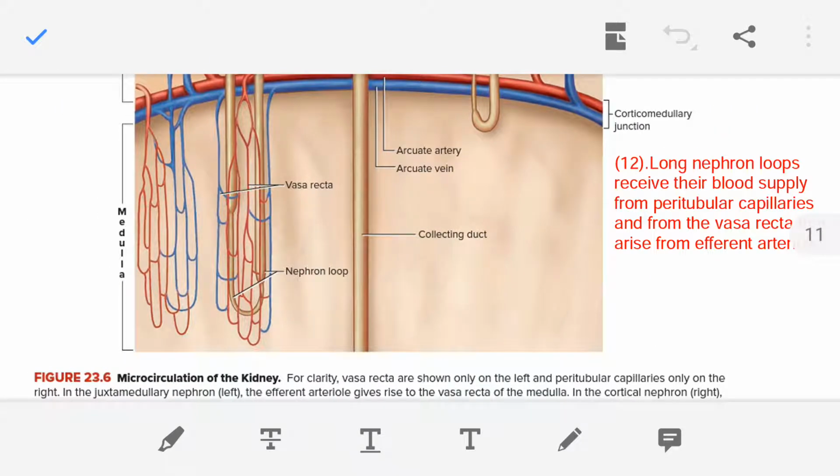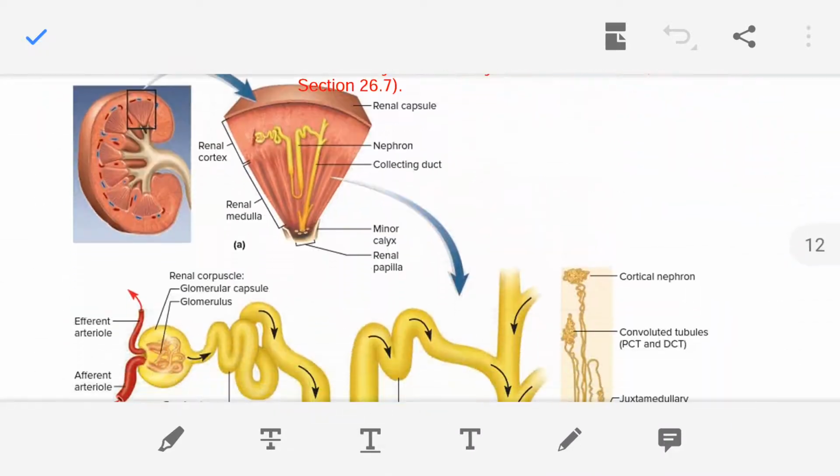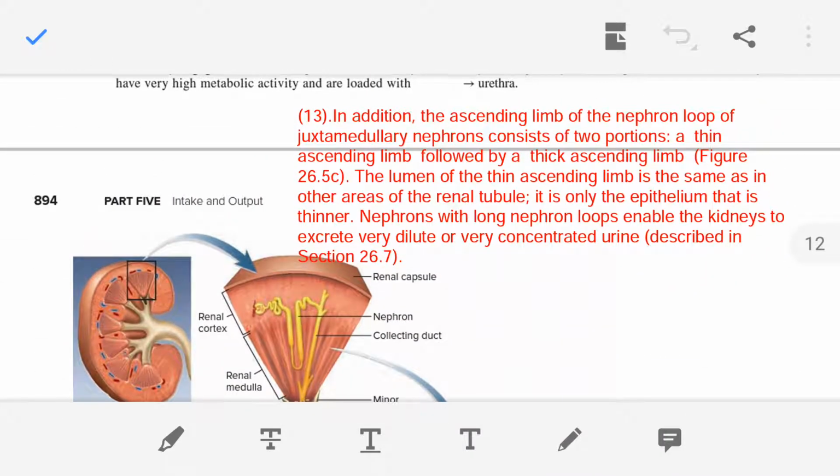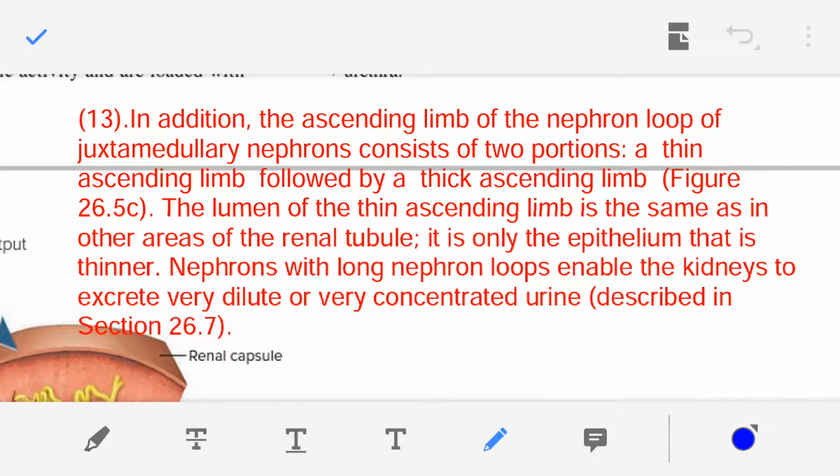Okay, now we are discussing the 13th point, and the 13th point is the final point of our today's discussion. Now in addition, the ascending limb of the nephron loop of the juxtamedullary nephron consists of two portions.